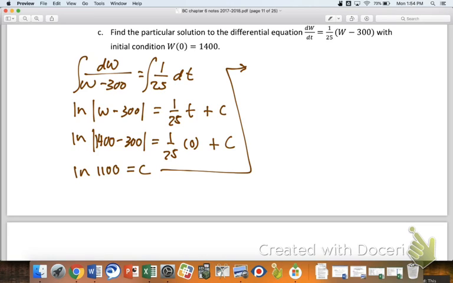This was a no-calculator question, so you'd leave it as is. Finally, you'd get natural log of absolute value W minus 300 equals 1/25 t plus natural log of 1100. Kind of like the one we just did. How do I solve this? E to both sides. E to this, e to that.